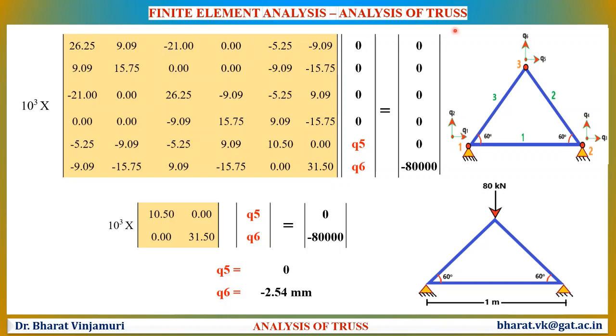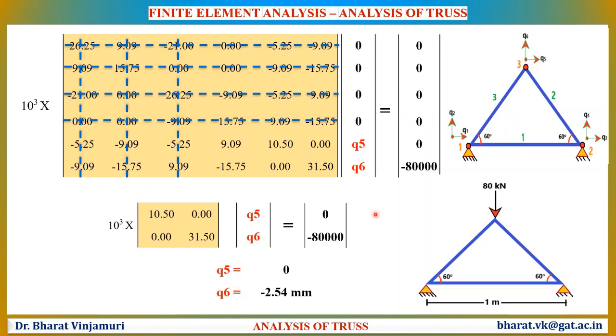Once we have arrived at the proper values of displacement vectors as well as the force, now we will use the elimination approach to reduce this matrix. Since the displacement values are zeros, the corresponding rows and columns will be eliminated. In this case, row 1 and column 1, row 2 and column 2, row 3 and column 3, row 4 as well as column 4 will be eliminated.